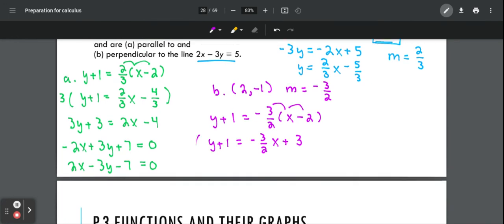Let's clear the fraction, so multiply everything by 2. So we get 2y plus 2 equals negative 3x plus 6. And then when we move everything over to the left, we get 3x plus 2y minus 4 equals 0, and that would be our general form.